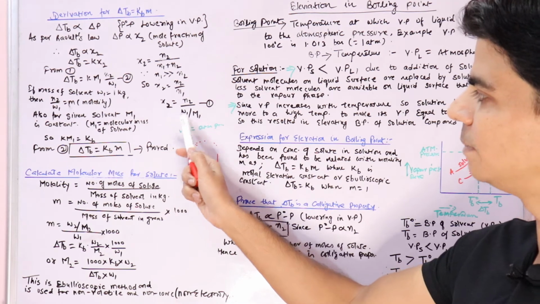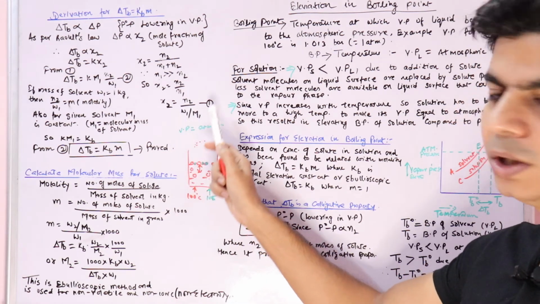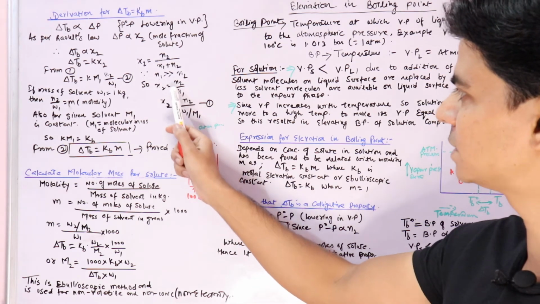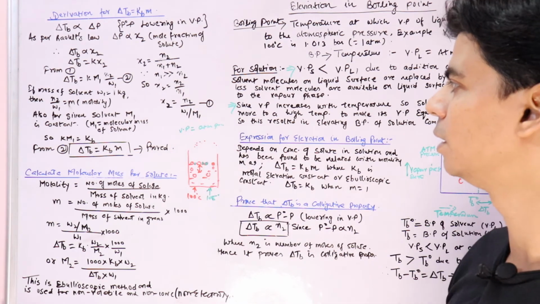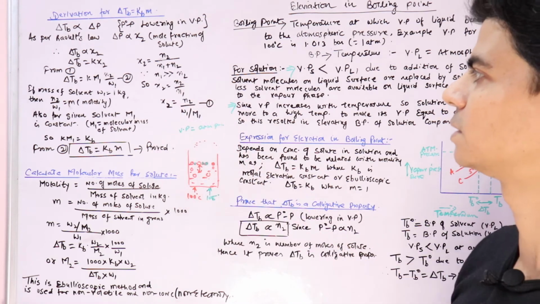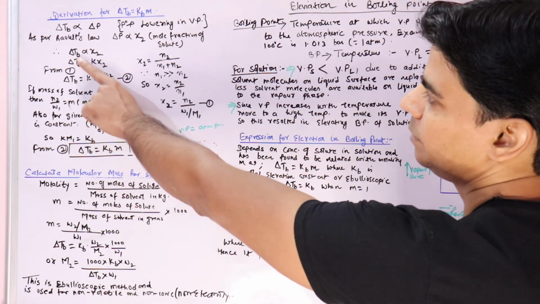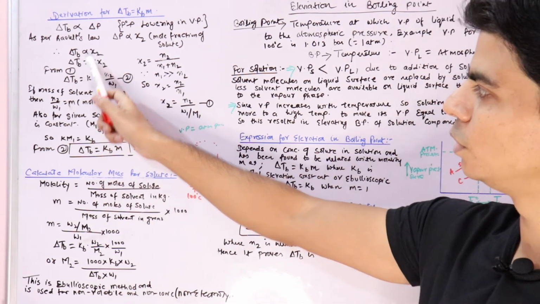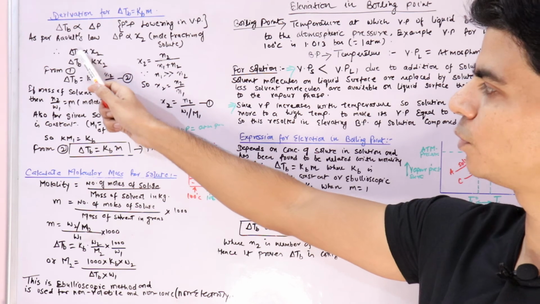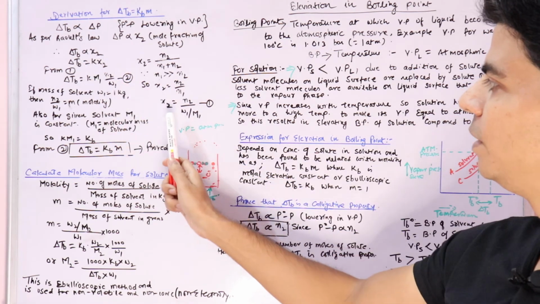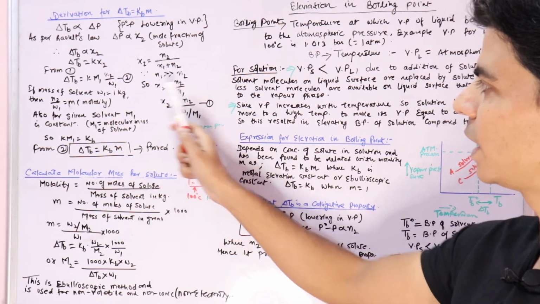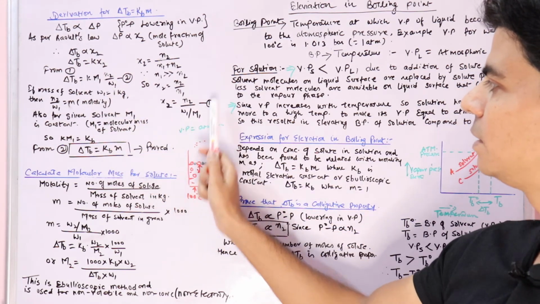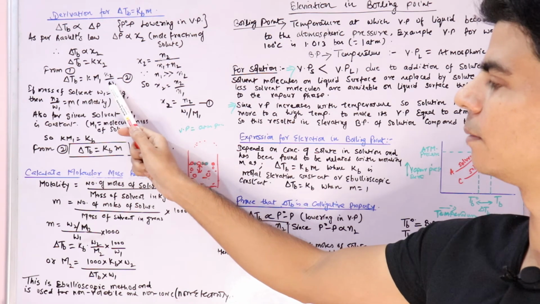So W1 is the mass and M1 is the molecular mass of solvent, and we replace N1 with W1 upon M1. This is the expression for mole fraction. Now since delta TB is directly proportional to the mole fraction of solute, we replace this proportionality with a constant and place this value of mole fraction in this expression. So it becomes K, M1 N2 upon W1.